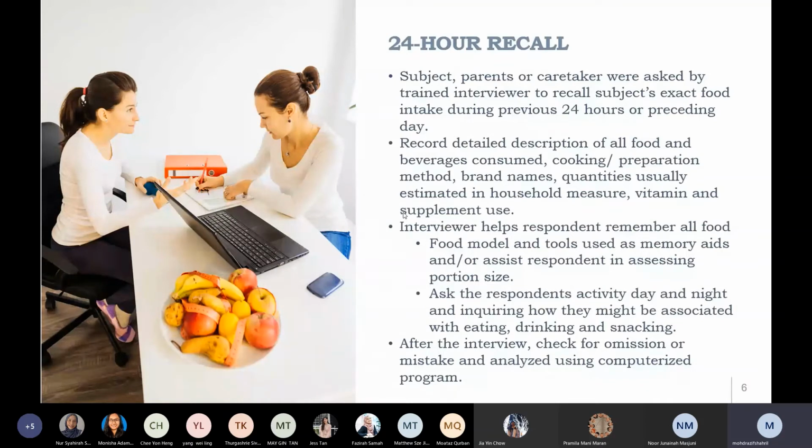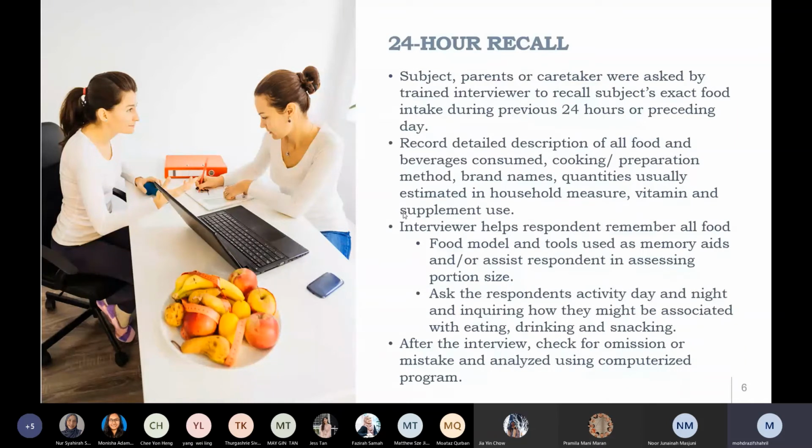We usually bring our sendok, pinggan, cawan, and also some food models, to gauge the serving size with the respondents. We also ask about the respondents' activity day and night, and inquire how they might be associated with eating, drinking, and snacking. This is especially useful when the respondents can't recall.